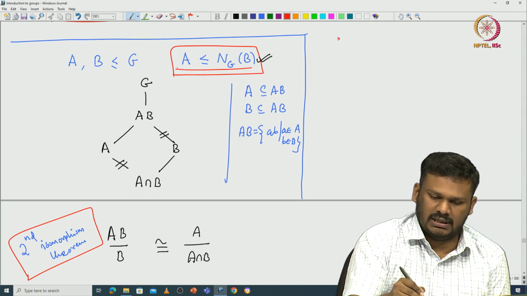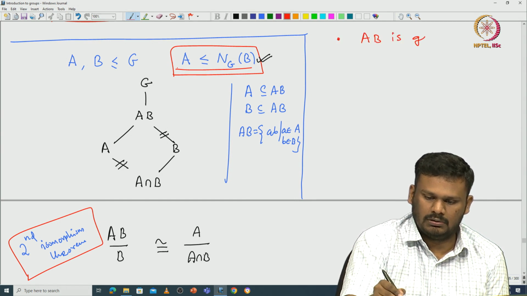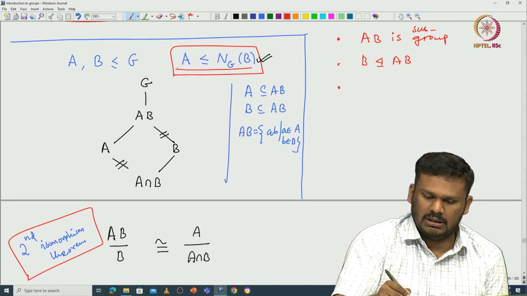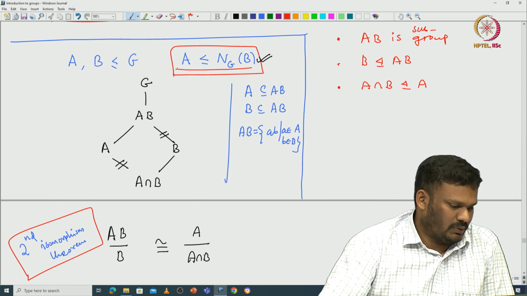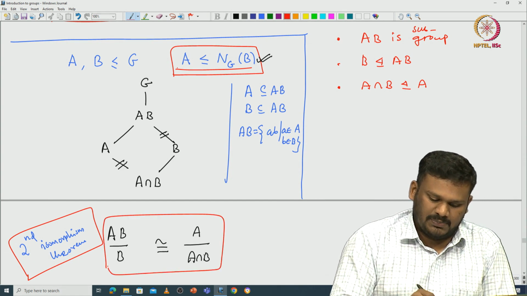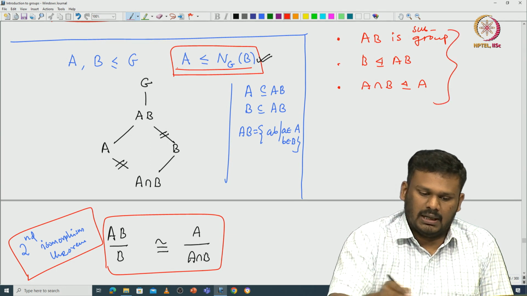AB is a subgroup. Then B is normal in AB. That is the second statement. The third statement is that A intersection B is normal in A. Only then can we talk about the respective quotients AB modulo B and A modulo A intersection B. So let's verify one by one.